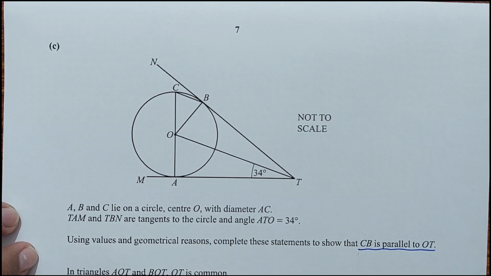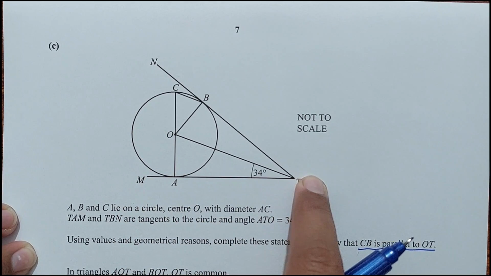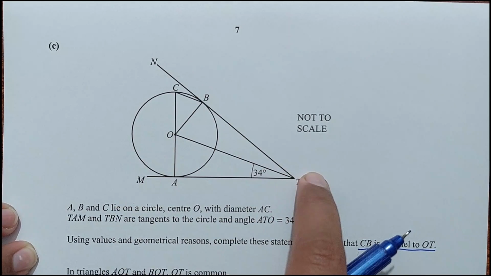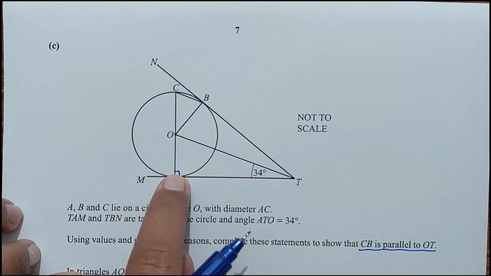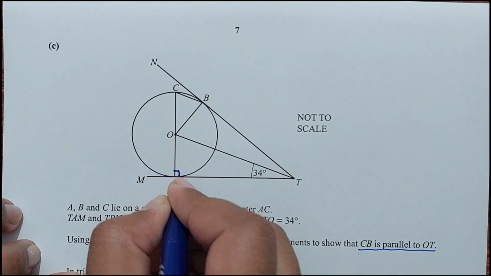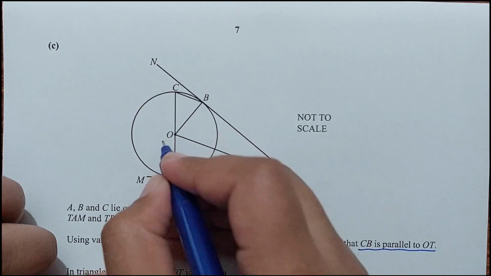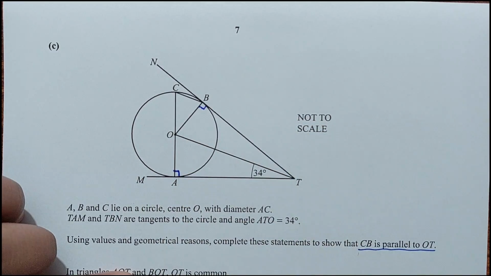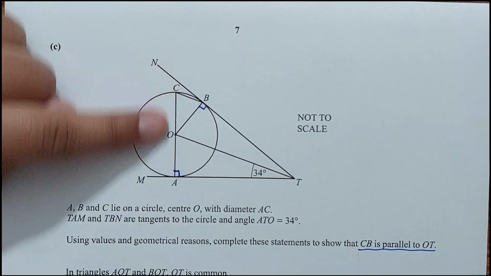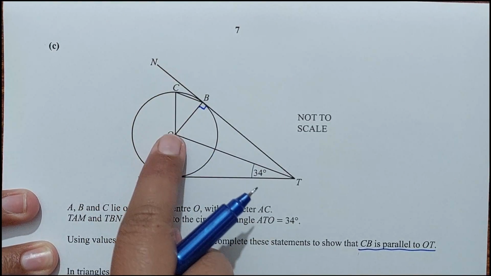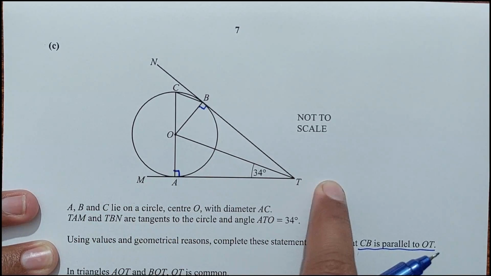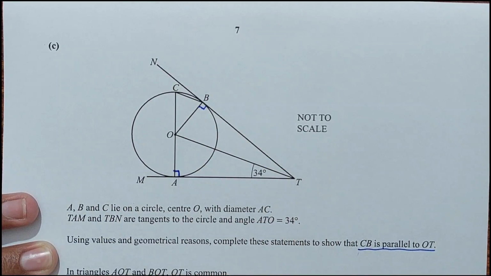And angle OAT is 90 degrees, O, A, and T. And OBT, O, B, and T, this is 90. What is the reason? Because we know that the radius OA is perpendicular to the tangent, and OB is perpendicular to the tangent, right?